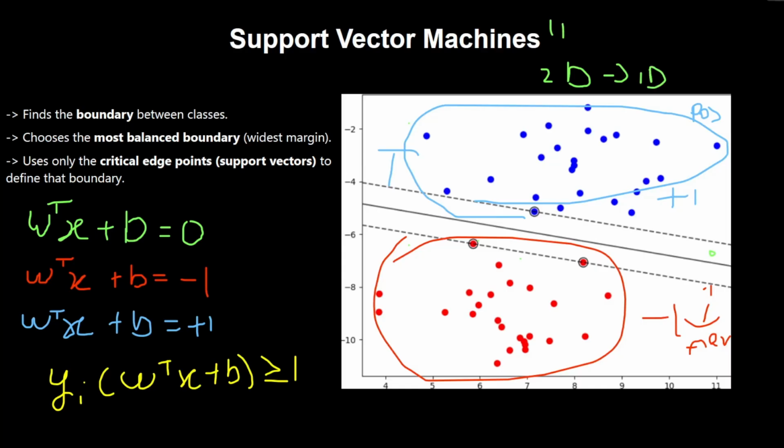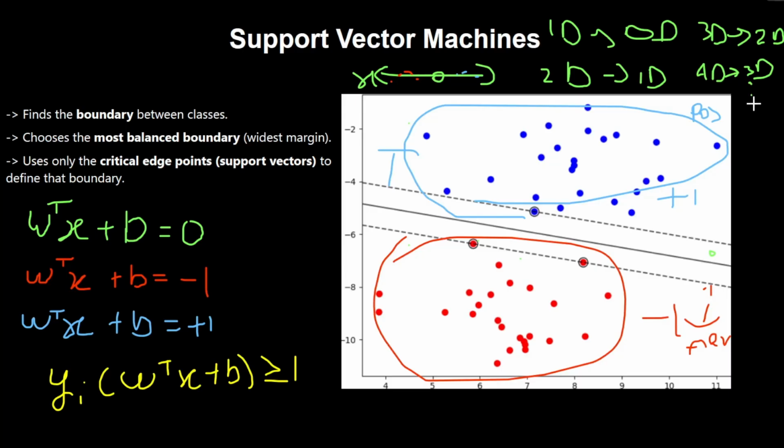Similarly, in the case of a single dimension, which is a single number line, let's say this x-axis alone, we have the red data points and blue data points here. Here the separation would be just a dot. So in single dimension, a dot is nothing but a 0 dimension. Similarly, in the case of 3D, the separation would be a 2D plane.